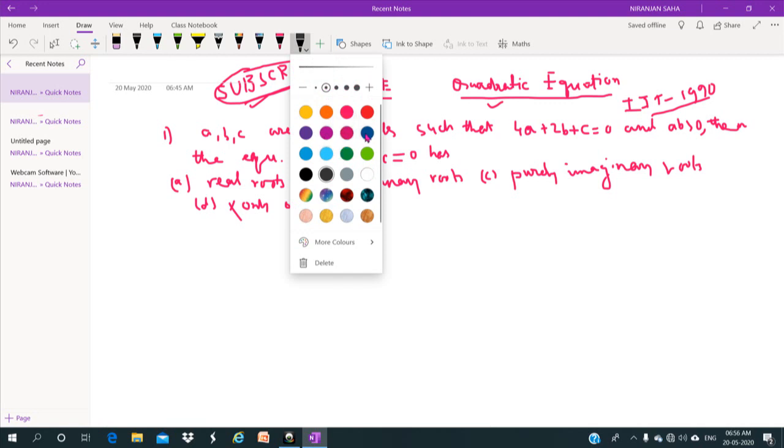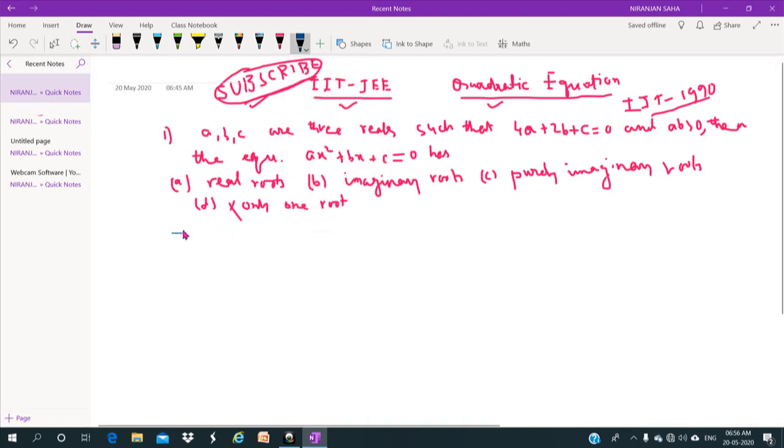Now we have to decide from any quadratic equation whether the roots are real or imaginary or purely imaginary through the discriminant. So we have the roots of this equation.